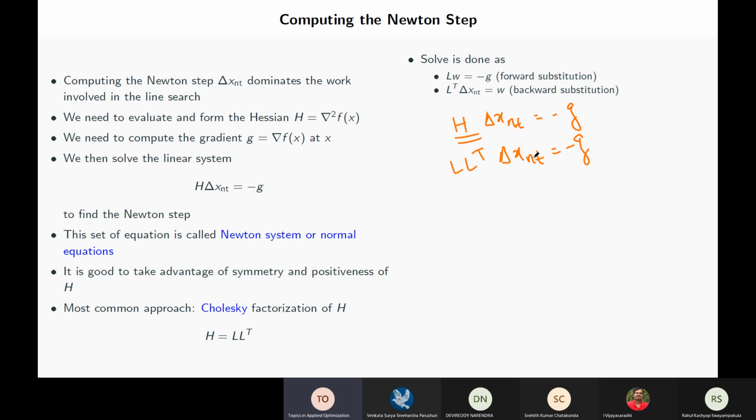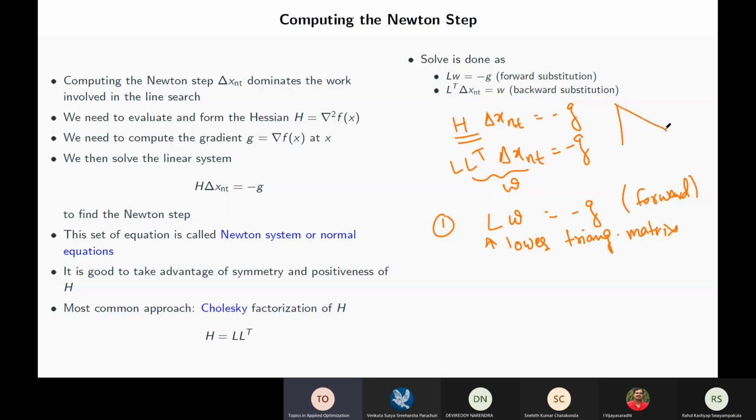So I can take L transpose del x nt as W. Then the first step is that I solve L W equals minus g. This is a lower triangular matrix, so it is easy to solve by forward substitution. By forward substitution, I mean the lower triangular matrix looks like this.